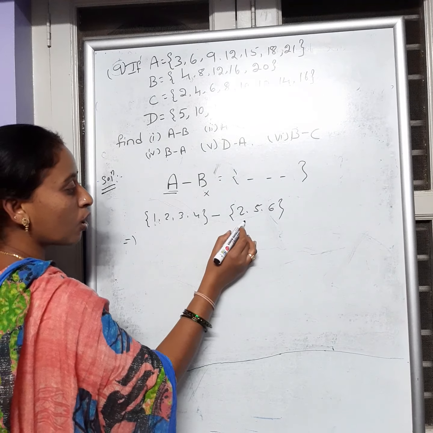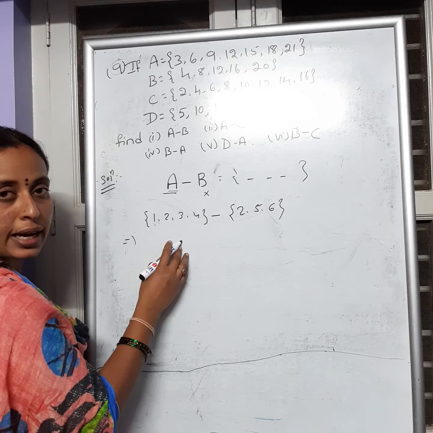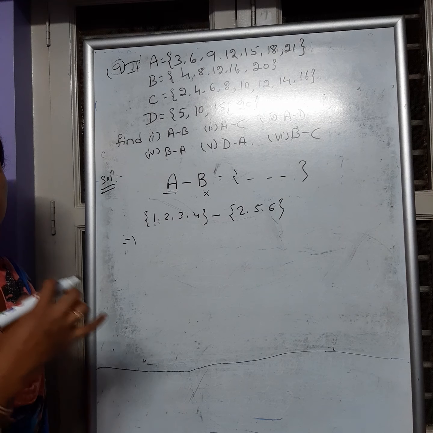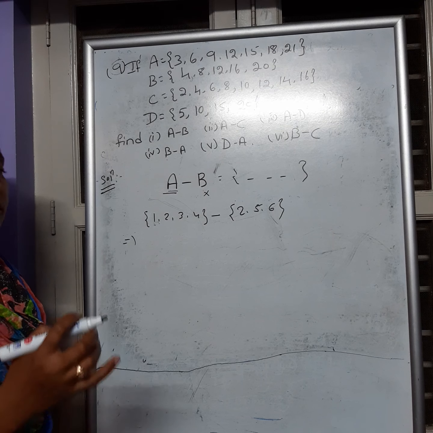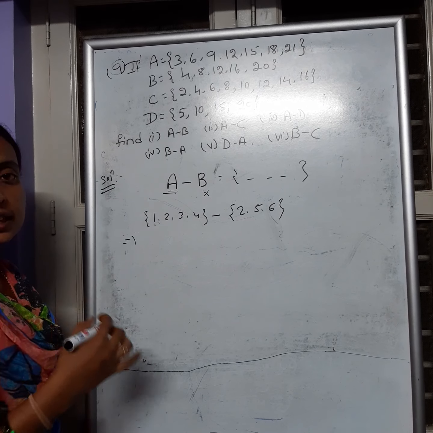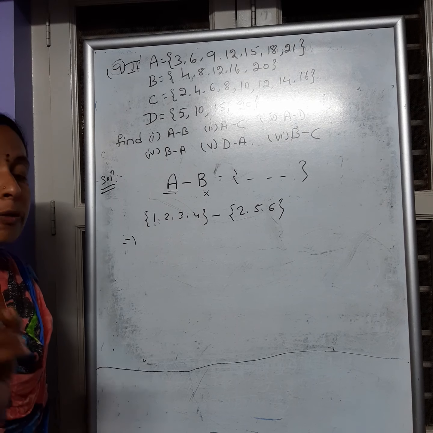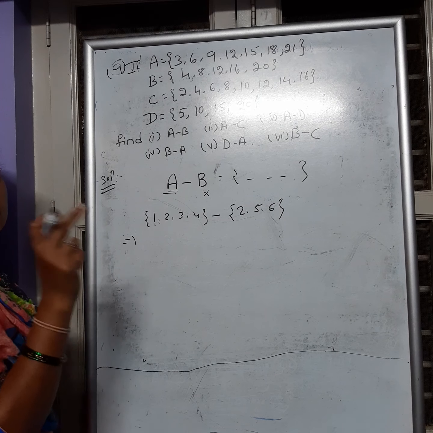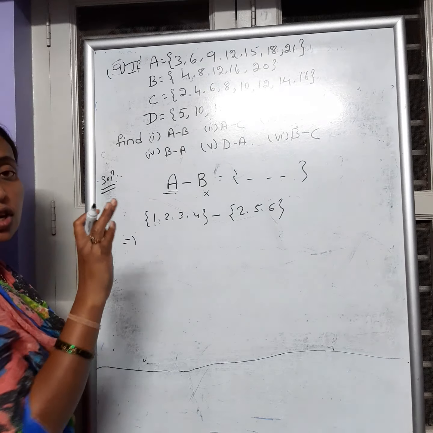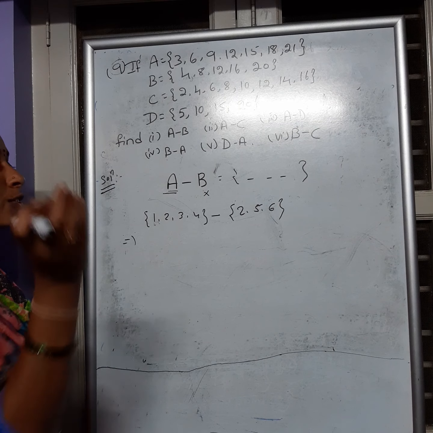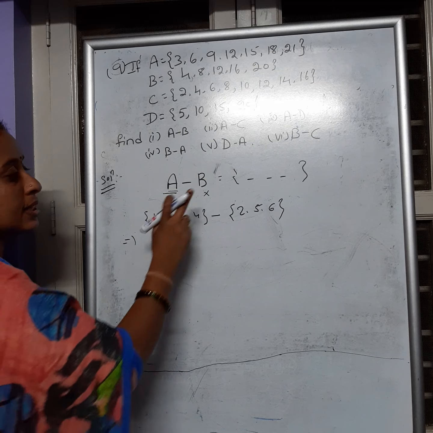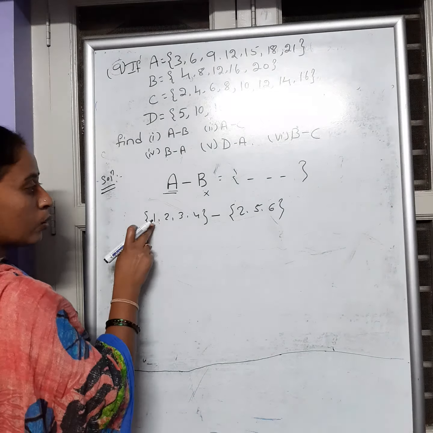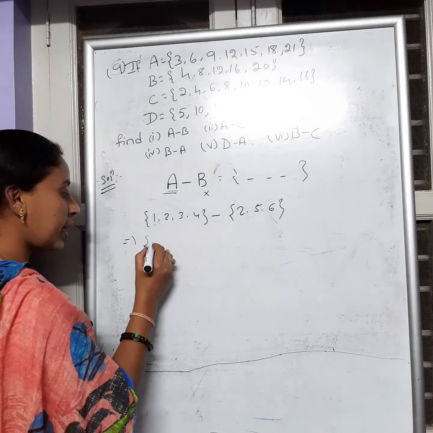The elements that are common in both sets, we cancel or remove. Then the elements we get should belong to A, that is, all elements are elements of set A but not of set B. How? Let's see. 1. Is 1 there in set B? No. Then take 1.